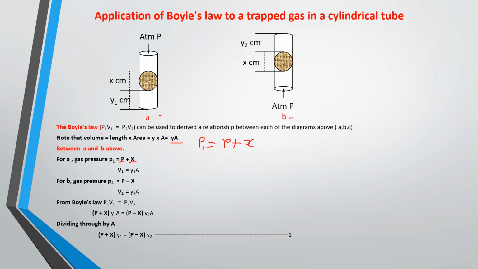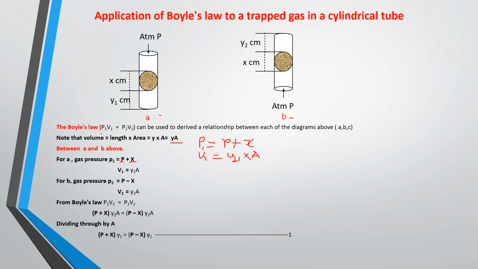Then V1 is equal to this length of gas, which is Y1 times A. You can put the A there because the A will also cancel out. We said that volume is equal to length times area.